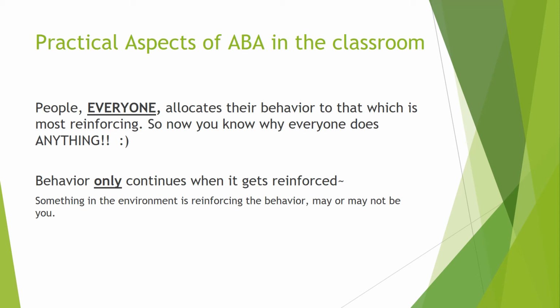Sometimes it may be you as a teacher or an adult or another child. It could be anything in the environment that is a variable. And so we'll talk more about functions of behavior that will help us again understand better why kids behave the way they do in one of the following modules.